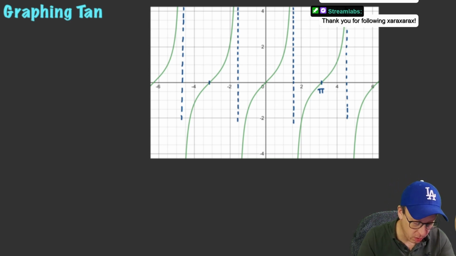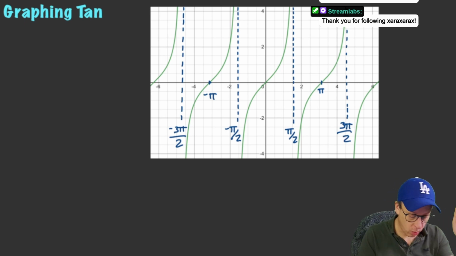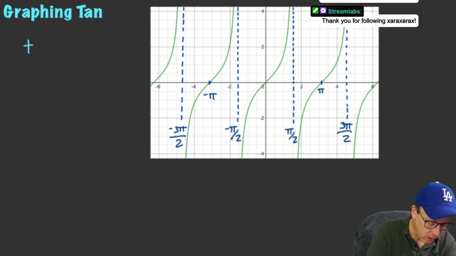In regards to what these values actually are, referring to these asymptotes, this is going to be 3 pi divided by 2, and this point right here is going to end up being equal to negative pi, and this will end up being equal to negative pi over 2, and pi over 2, and then 3 pi over 2. Okay? Cool stuff. And of course, I'm sure I said this before, but the tangent of some angle is going to be exactly equal to the sine divided by the cosine of said angle.